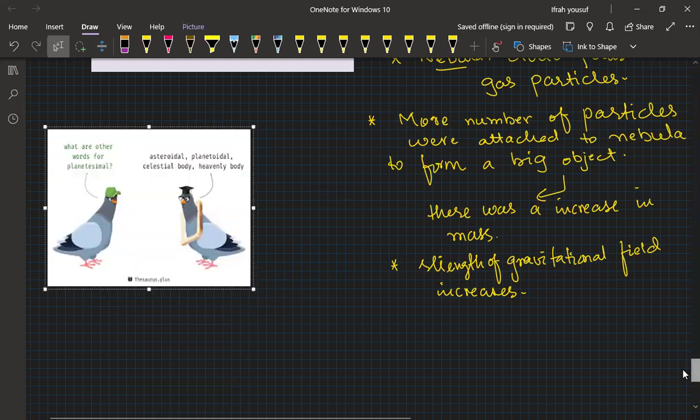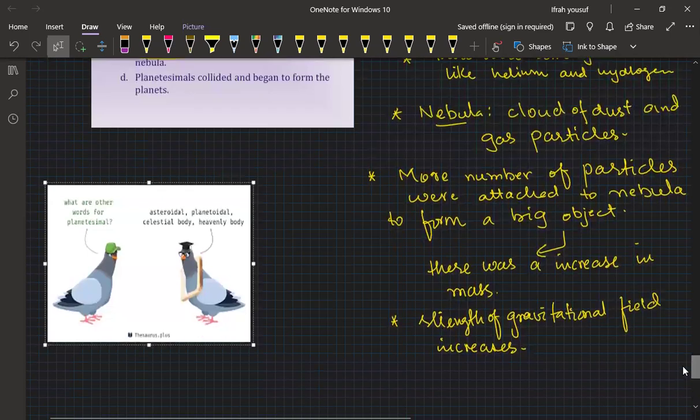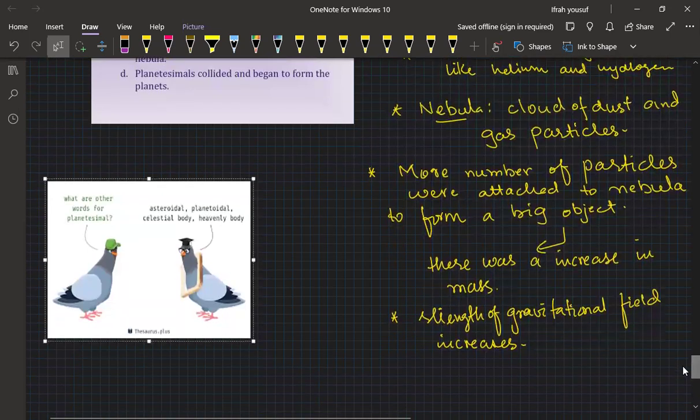Okay. So planetesimals collided and began to form planets.